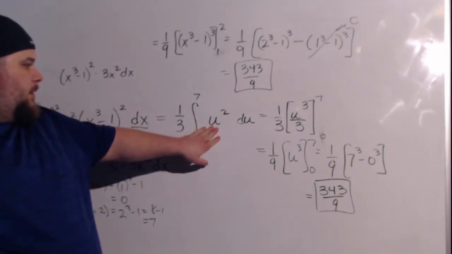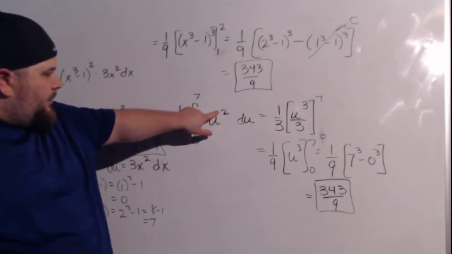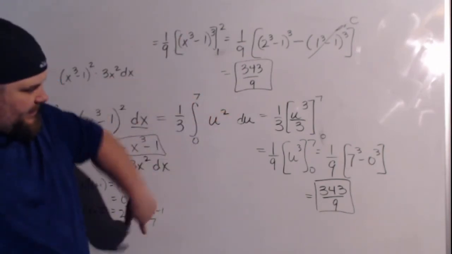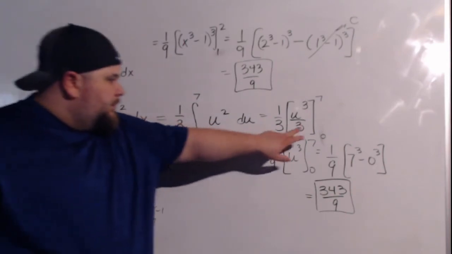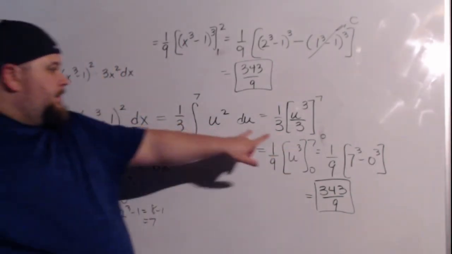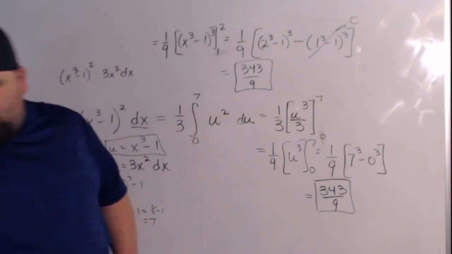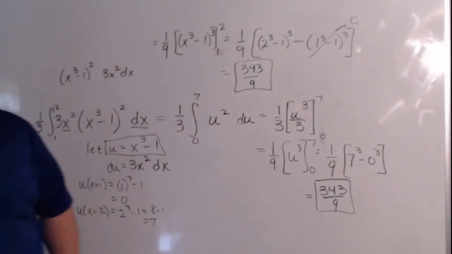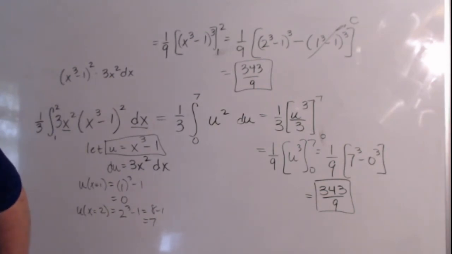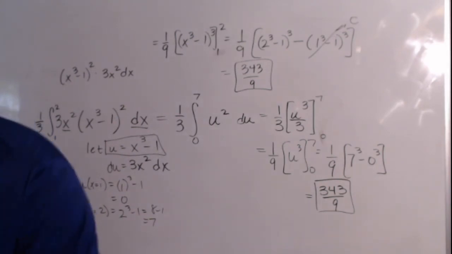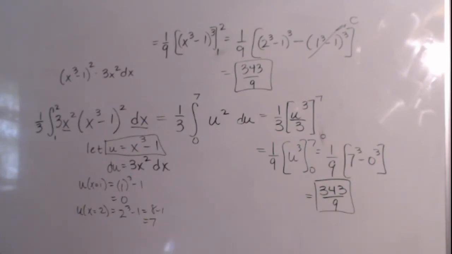U squared. When you integrate, you add 1 to the power, which makes it u cubed. Divide by that number, which is 3. And then 3 times 3 makes it 1/9 u cubed. Okay, so did that answer your question?